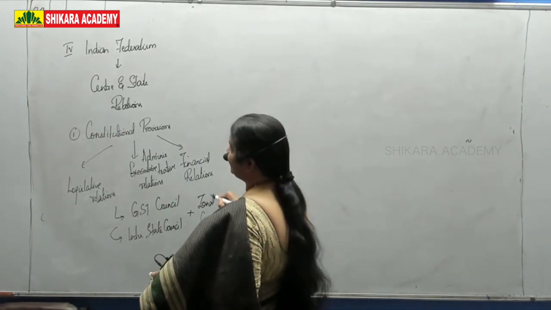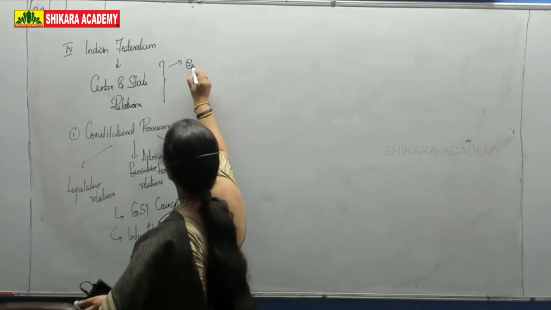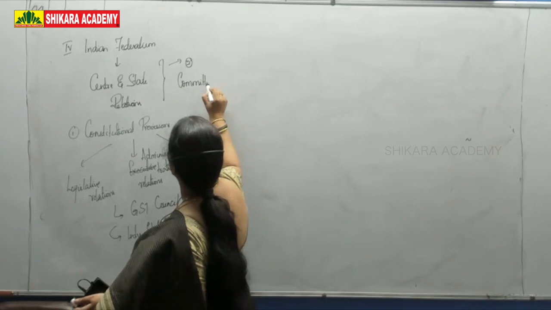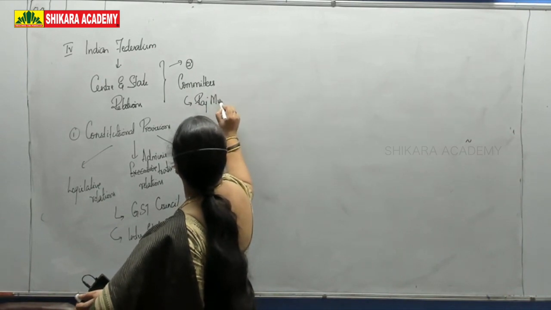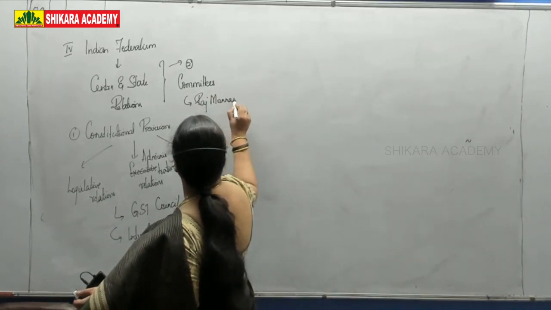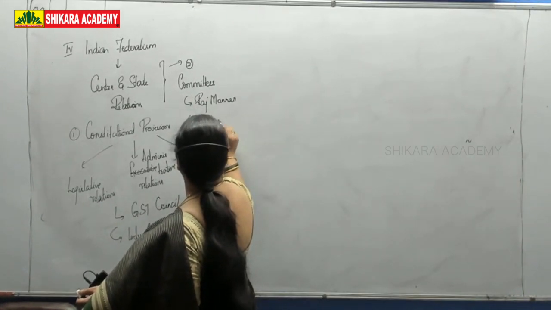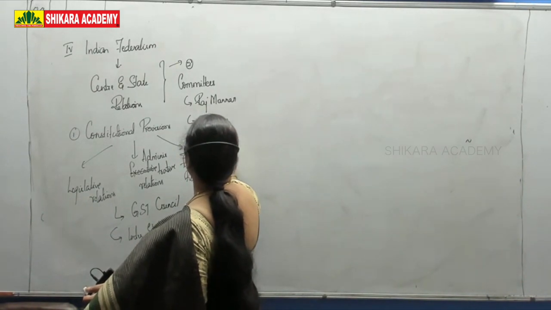Once we finish with this part, the second aspect of center-state relations will be the various committees appointed on center-state relations. Most important being the Rajamannar Commission, the Sarkaria Commission, the Madan Mohan Punchhi Commission.